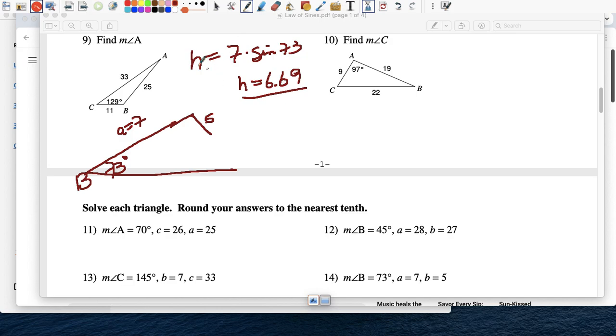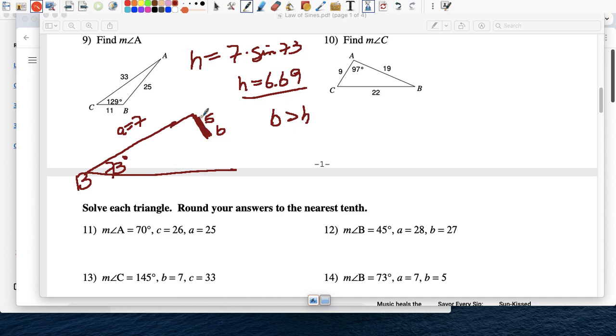Okay. So let's look at the numbers and see if we're okay. This is little b, right? So is b greater than the height? You're using this to compare, right? We're always using this.